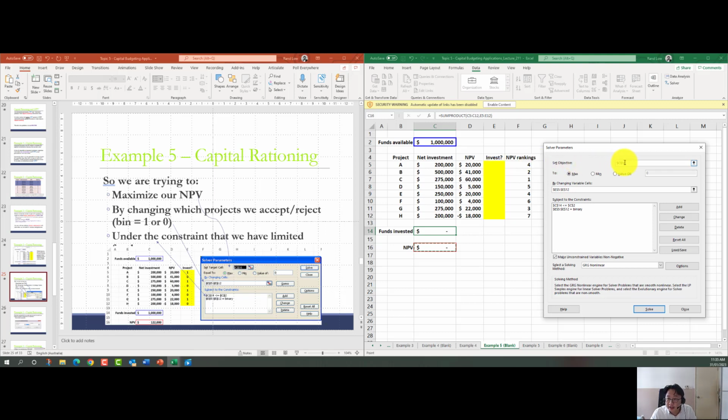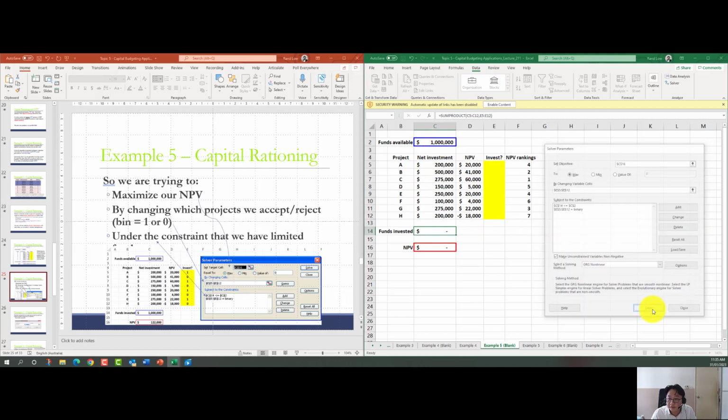So we set the objective C16 NPV to maximum because we want to maximize NPV. We do this by changing the variable cells, invest. Invest has to be binary, 1 or 0. And the total funds invested must be less than $1 million. And that's it.